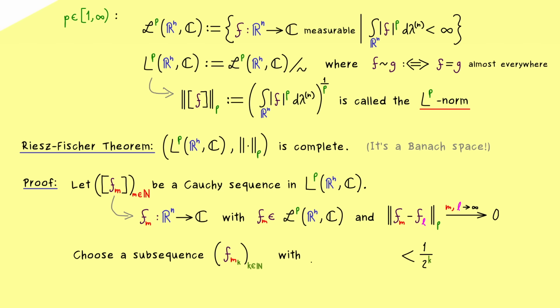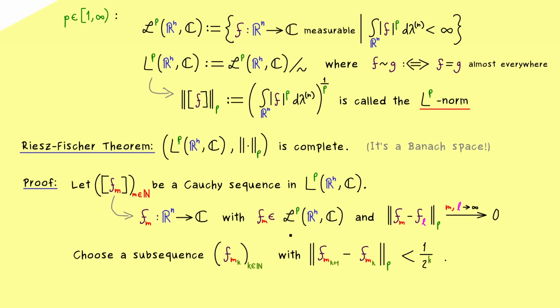And then, as already mentioned, the difference between two sequence members should be less than 1 over 2 to the power k. So we have f_{m_{k+1}} and f_{m_k}. And obviously the difference should be measured in the LP norm. And now please note, if we can show that this subsequence is convergent, then we also know that the original Cauchy sequence has to be convergent as well.